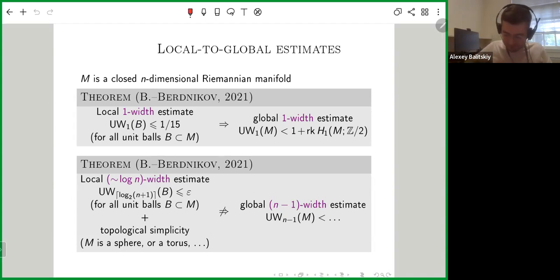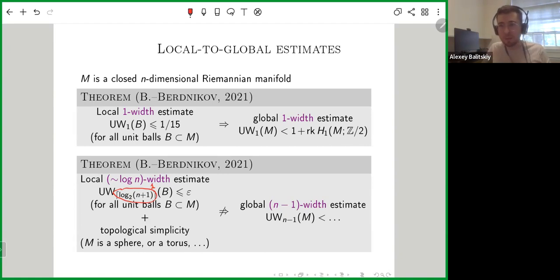Another result is that even if you force your manifold to be topologically trivial, for example M is just a sphere, then still there are worse dimensions here. For example, the theorem that I stated before was with just dimension 1 here instead of this log.